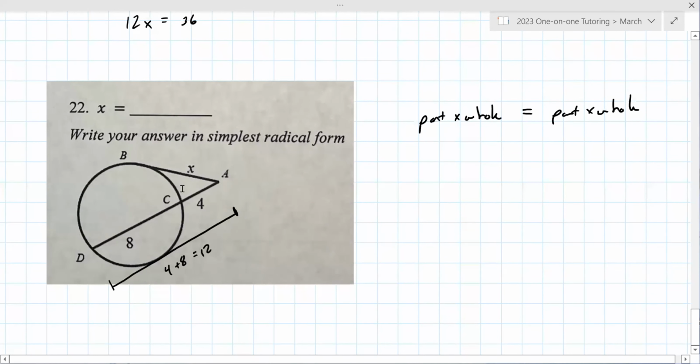When I say part, the part is this shorter one. So in this one here, it's 4 times 12 equals, your part is X and your whole is X in the tangent one. They're the same.